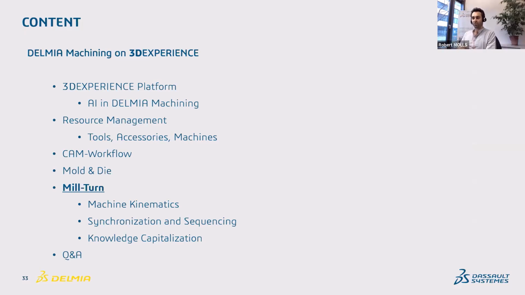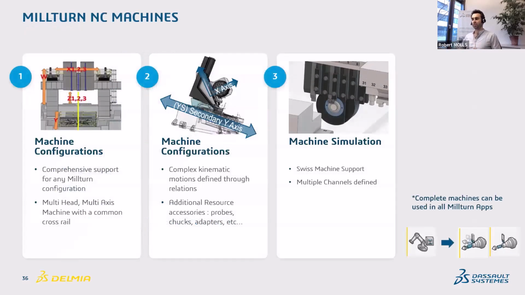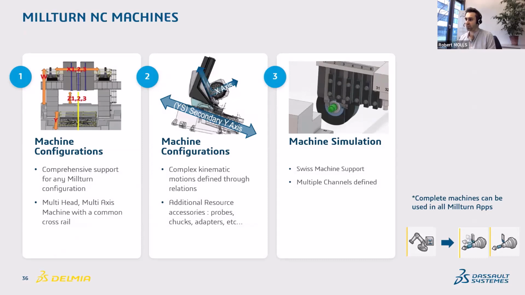So moving on to mill turn. When we are talking about mill turn, we are also often talking about rather complex machines and the need to represent them accurately so that we can give the users the confidence to program them. And this is fully supported in 3D experience.